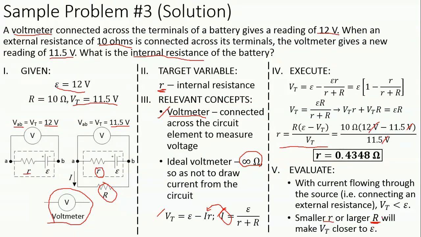The extreme case is when R is equal to infinity, just like the first case, where we have the EMF equal to the terminal voltage. However, in that case, no current will flow in the circuit. So this ends sample problem number 3.